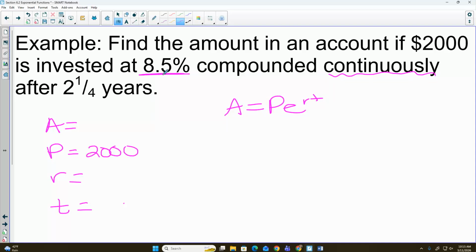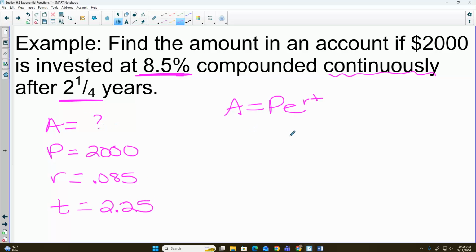At 8.5%, so what's my rate? Right, you always have to think, divide it by 100 or move the decimal back 2. Compounded continuously after 2 1/4 years. So 1/4 is 0.25, so that's 2.25 years.